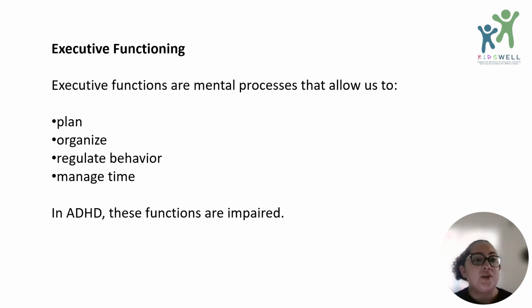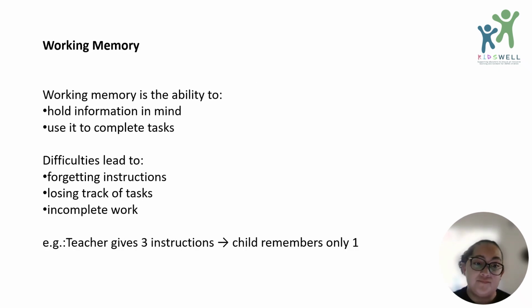So, the executive functions are mental processes that allow us to plan, organize, regulate behavior, manage time, and all these. In ADHD, these functions are impaired. What is working memory? Working memory is the ability to hold information in mind and use it to complete tasks.